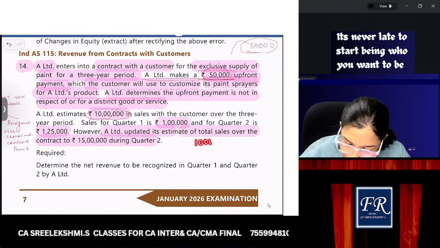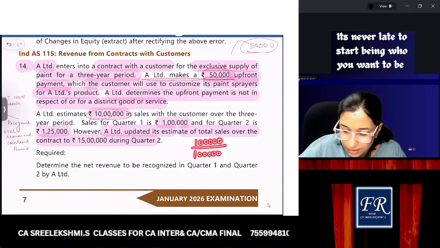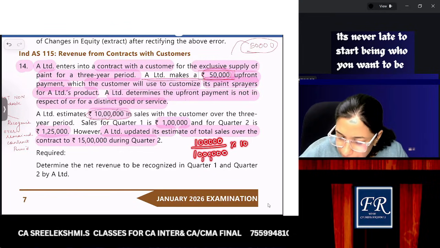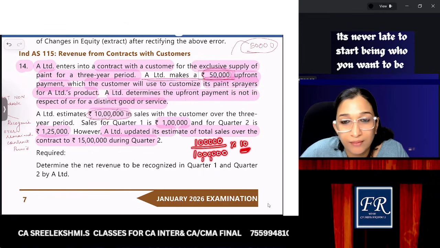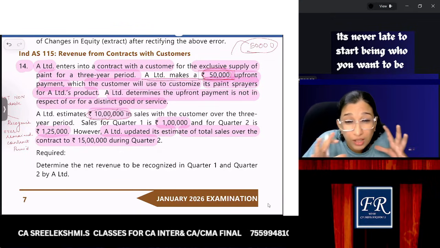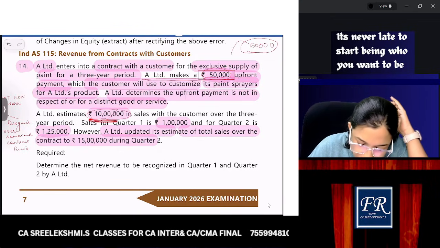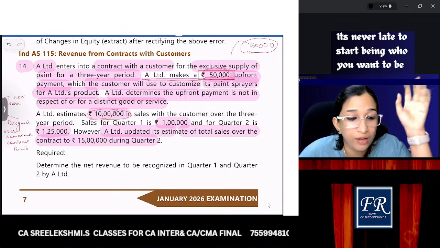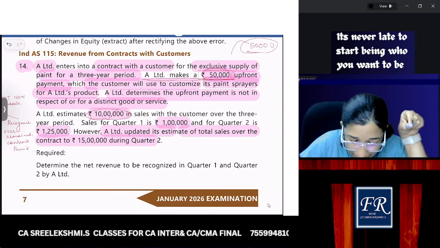1 lakh is the revenue I am receiving from this contract of 10 lakhs, which means in the first quarter I am getting 10% income from the total contract revenue I expected, which was 10 lakhs.